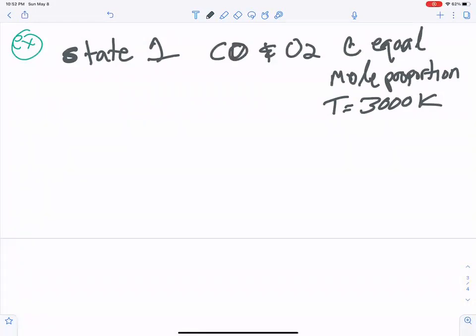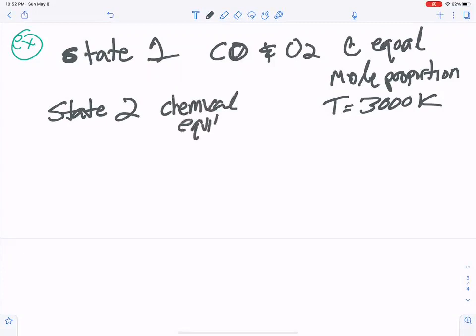And what we're going to do is say that, okay, let's say state 2 is at chemical equilibrium. And you have to know something about the chemistry in terms of equilibrium chemistry. So that's where it's nice for us to just focus on this one, because there's an infinite amount of different equilibrium processes in real life in many chemical systems.